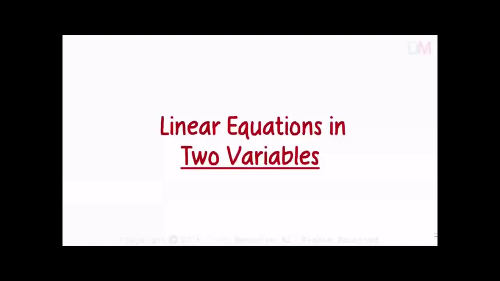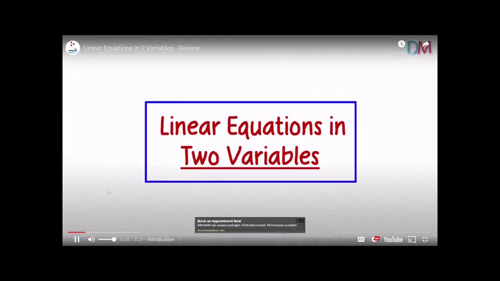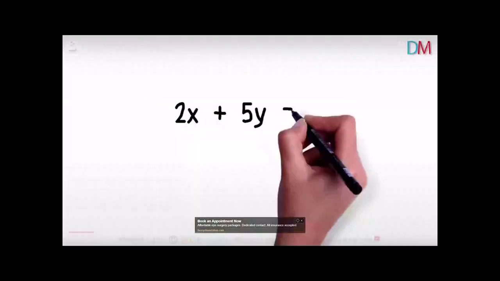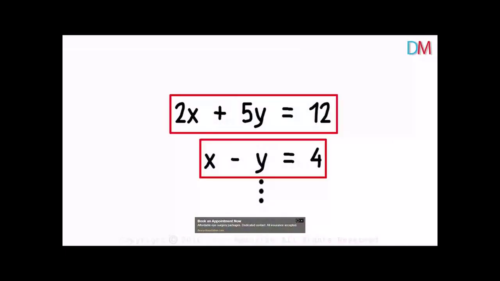Before we move on to how linear equations are plotted on the coordinate plane, let's quickly review what linear equations in two variables are. We've seen equations like 2x plus 5y equals 12 or x minus y equals 4 and so on. Each of the equations has two variables, x and y.